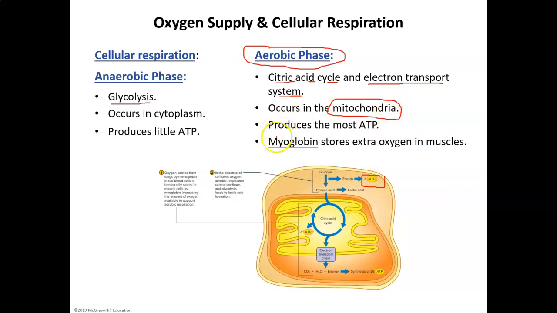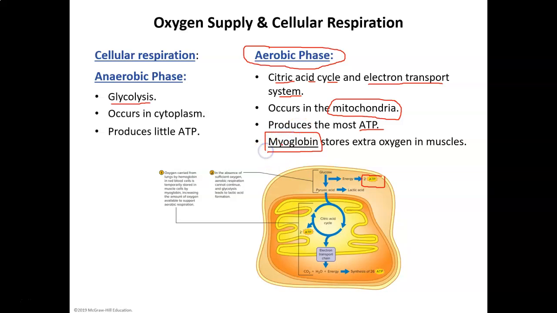Now, there's another source. So this is the source to get energy, to make ATP. But remember, you're only going to get the most ATP if you have oxygen present. Well, I just told you, if you're running from a bear, you've gone through anaerobics, you don't have a lot of oxygen left over. There's this molecule called myoglobin that is specific to muscles.